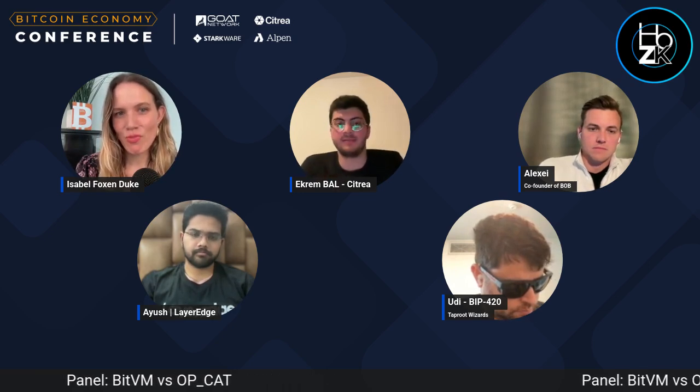So you think that OpCat should be last? We need CTV, then we need... I would prefer all of them at the same time. But it's really hard to change Bitcoin this fast. So I think the road will be that everyone will see the demand with BitVM. Then we'll add covenants, and everyone will see how good it is.